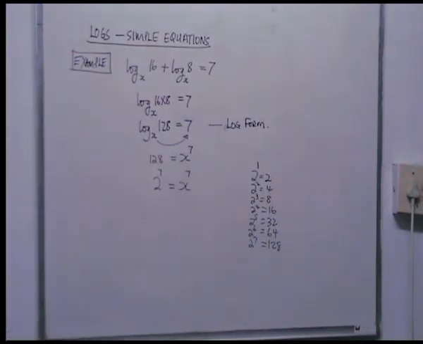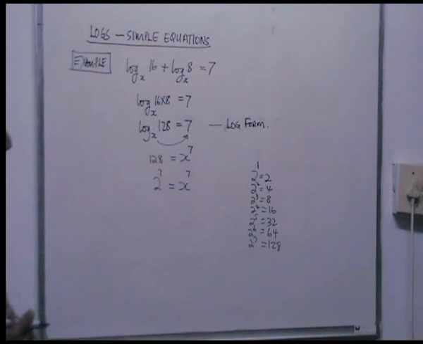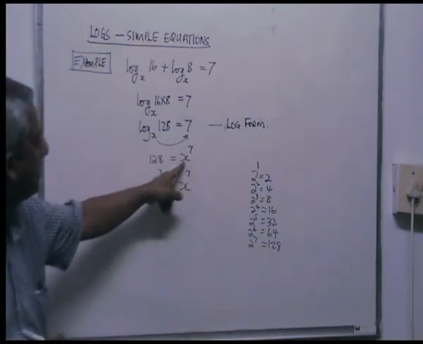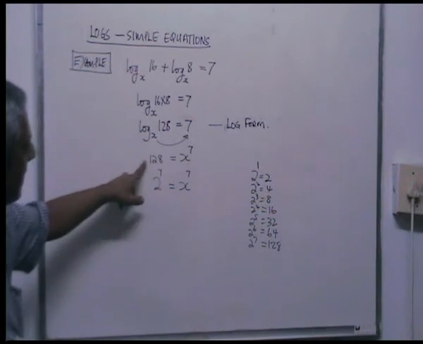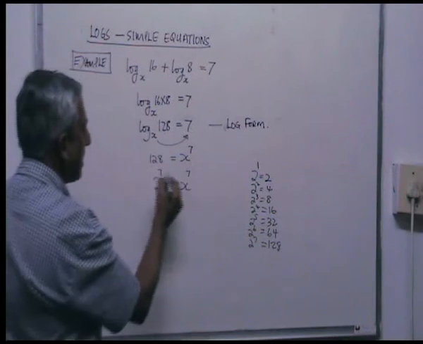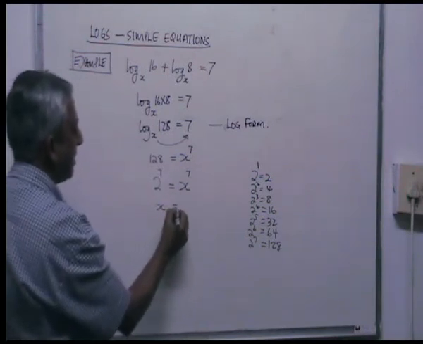Now from there you can convert it to index form, and you're trying to solve for the base. So rewrite this as a power. You've got 2 to the 7. Now the indices are exactly the same, therefore the bases are equal.